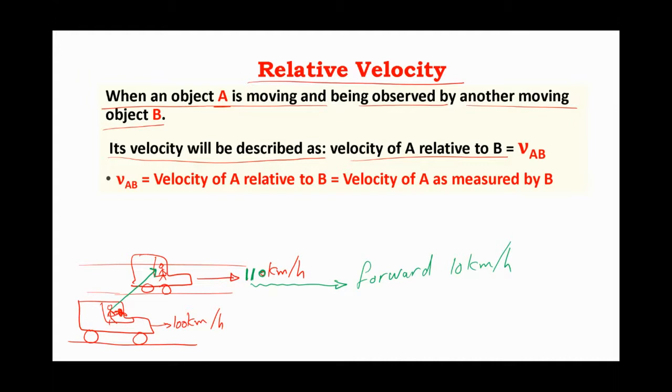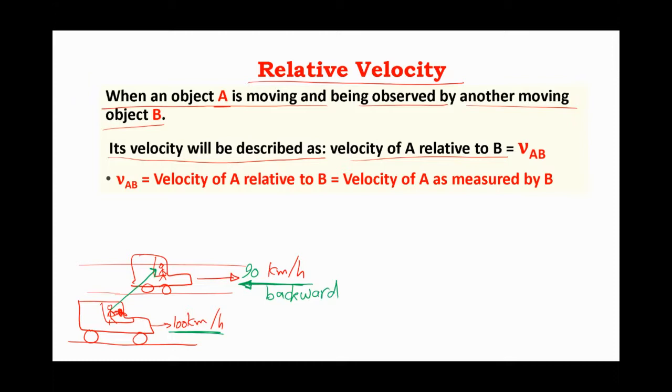So what if the speed of this car becomes 90 kilometers per hour? And I will ask you again, describe the motion of the other car. You will say what? Your speed is 100 and the other speed is 90. So you will say, I feel like the other car is moving backward, right?